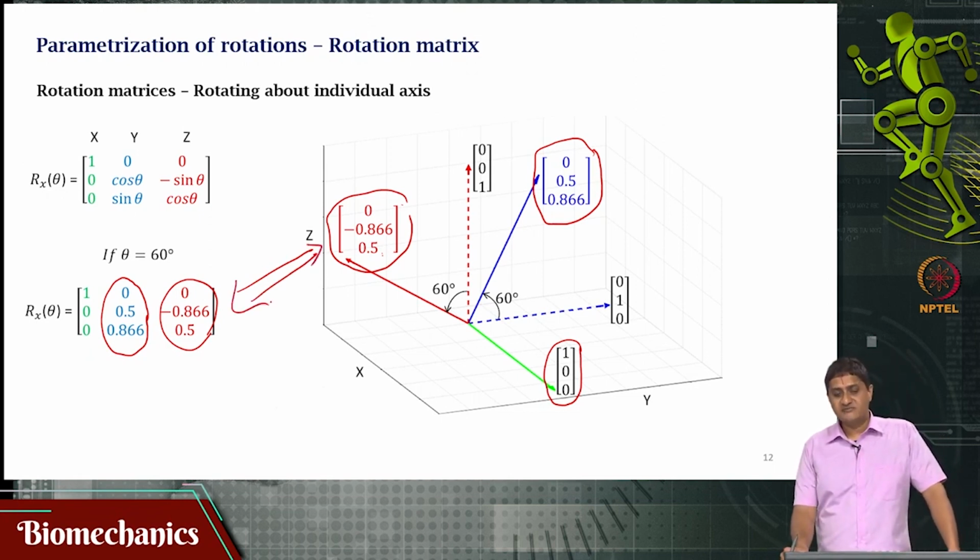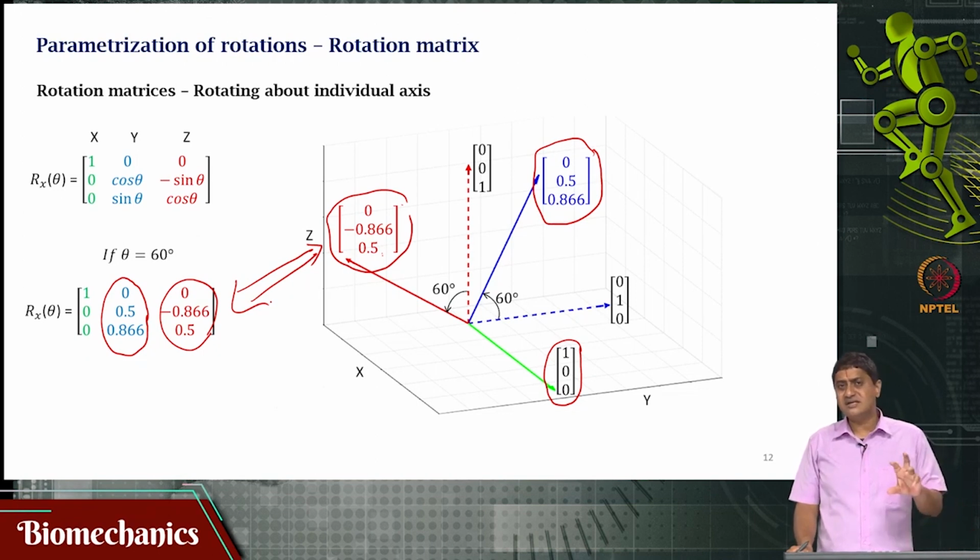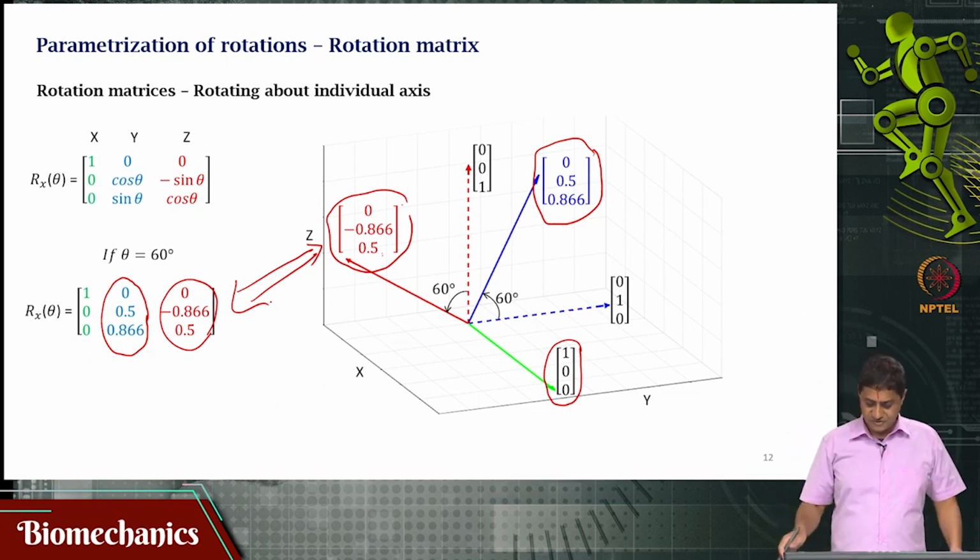So, these coordinates have changed. By the way, I have assumed that the rotation is happening about the x axis and the x coordinates are not changing, but actually in 3D, rotations can involve different angles about the 3 different axes, something that we will see in future slides.